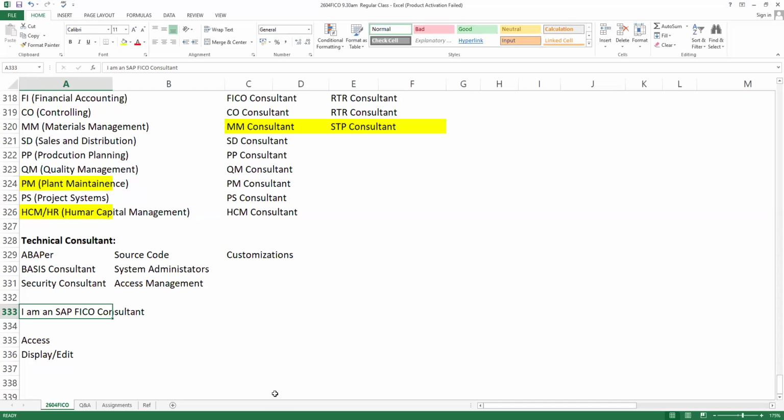They will ask you the reason why you need this access. You need to explain, we are integrating something between this module and this module. I need access for this particular screen, this particular transaction code. That needs to be approved by your project manager and by the security project manager. Real-time things are very difficult.